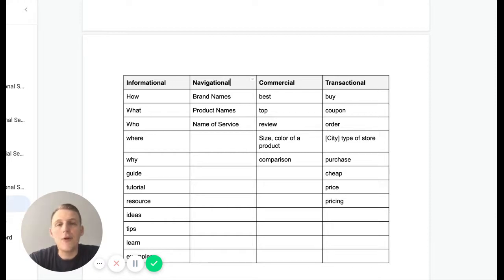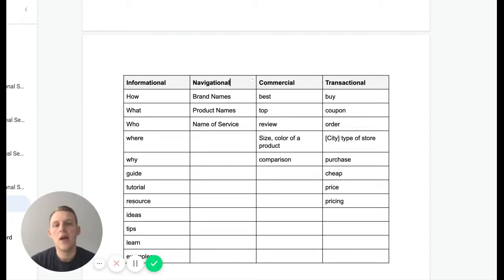And you can look for specific keywords within a search query to identify typically which bucket that query is going to fall into. So informational search queries are the who, what, where, when, why type questions. If you have a marketing background or any marketing experience, these are very top of funnel search queries. And the person who's searching for something typically isn't in a place where they're getting ready to buy something.